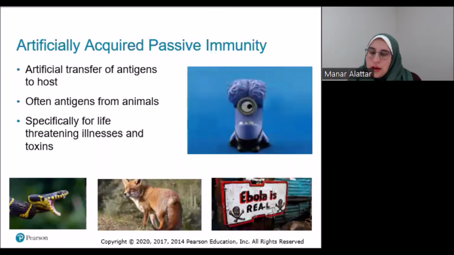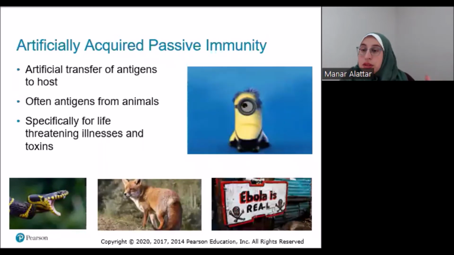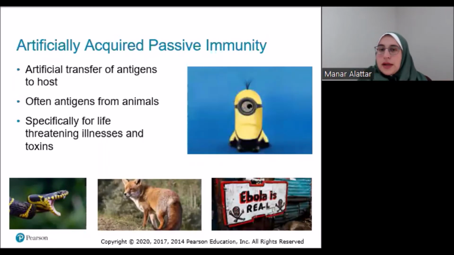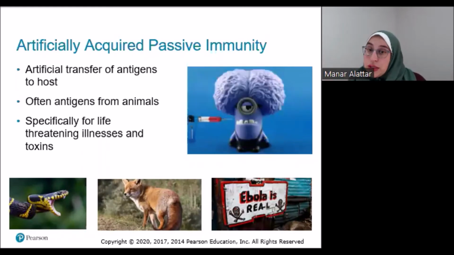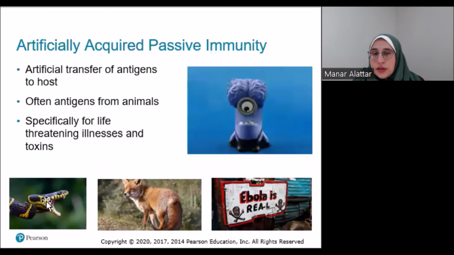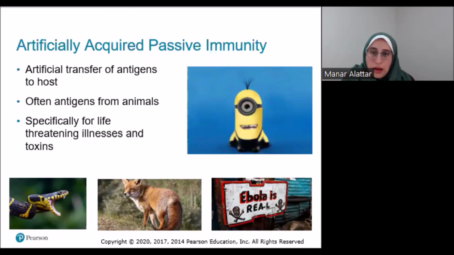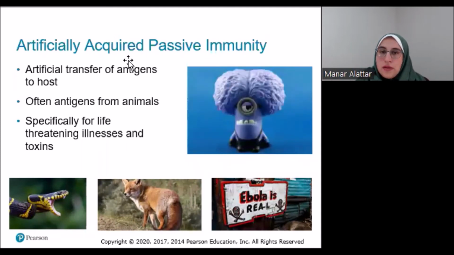That could be from animals that are being used to produce antibodies, or from other human hosts, and those antibodies are transferred into the infected individual, which allows them to mitigate the response to that illness. So, for example, antidotes to various types of venom, and viruses like rabies or, more recently, Ebola, are ways in which you can acquire passive artificial immunity.